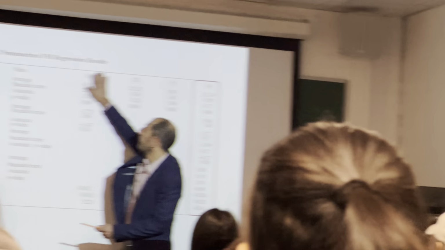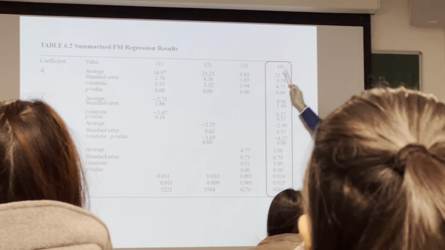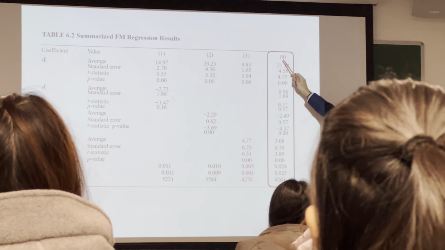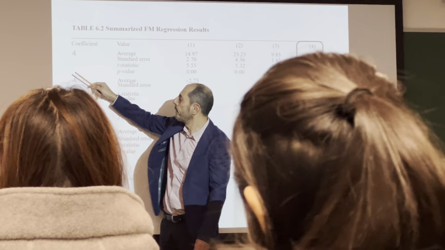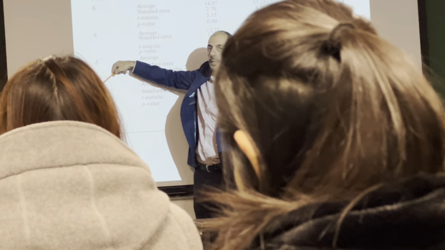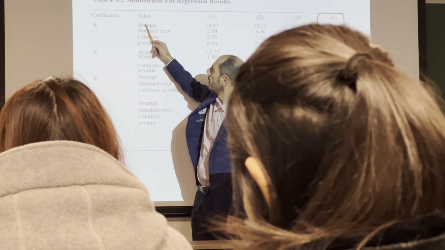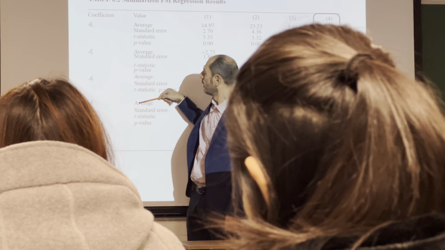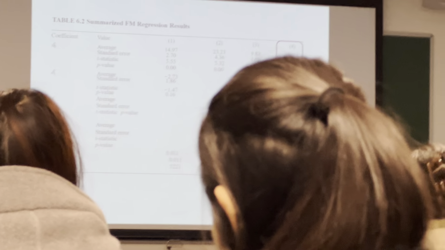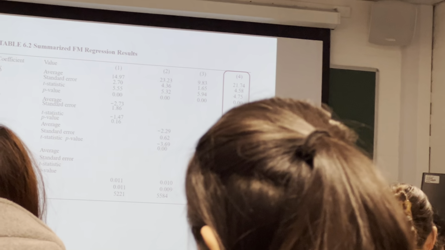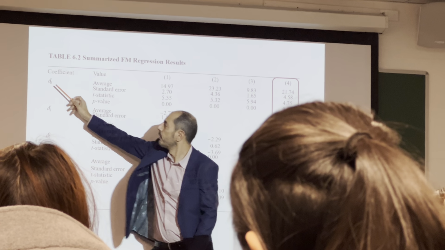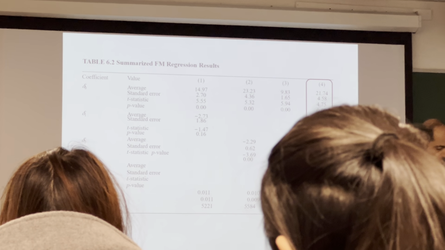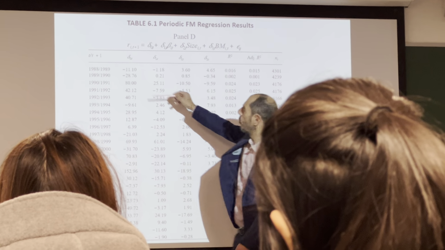Ignore the three models. Our model actually corresponds to model 4. So for each coefficient, we get the average value, right? So the 21.74, the average of delta 0, is the average of this column here.